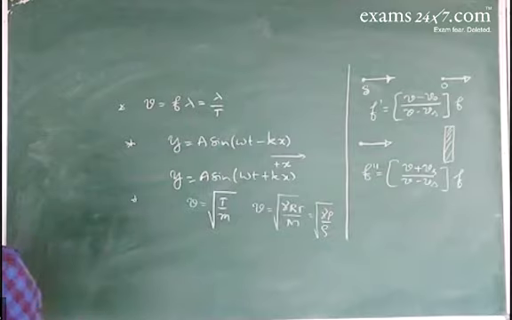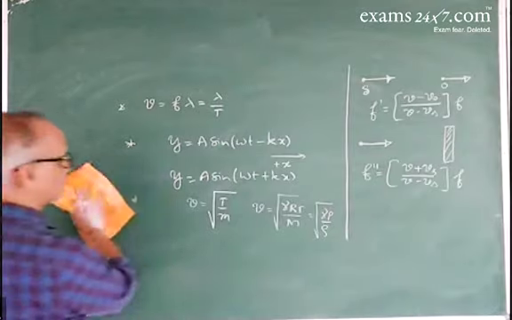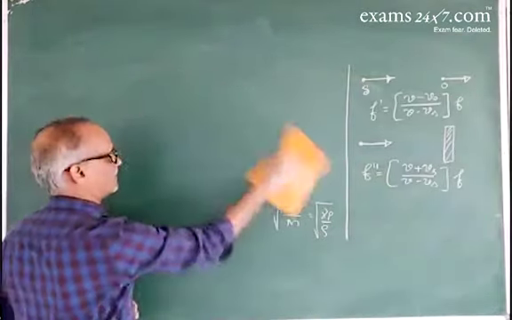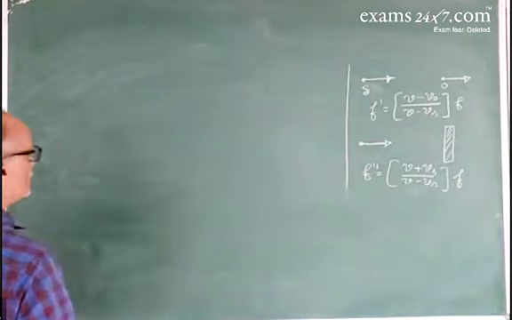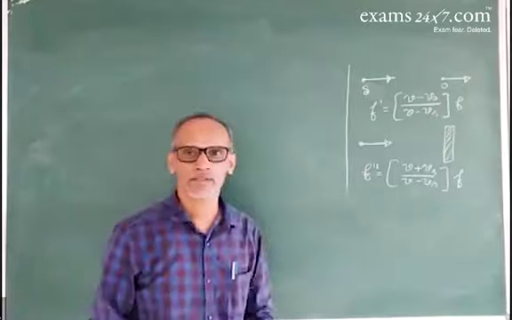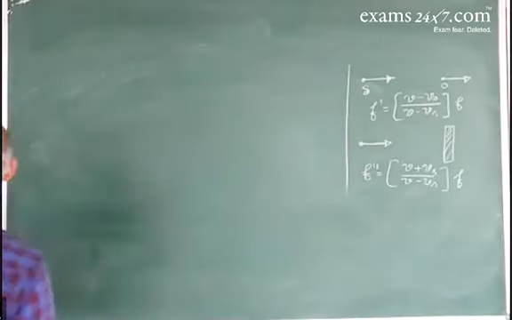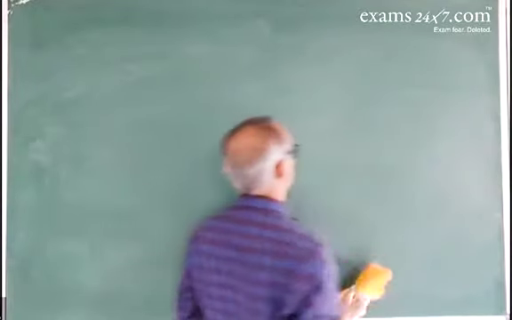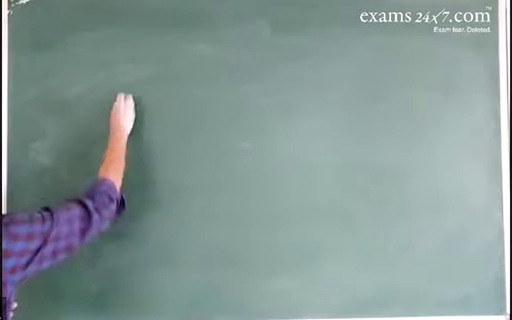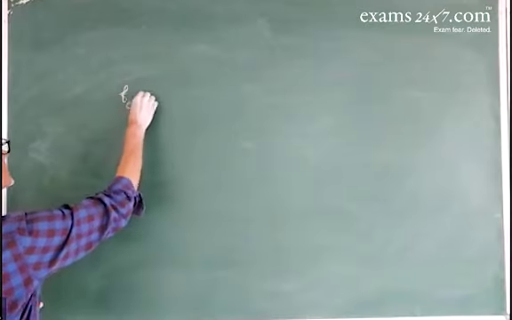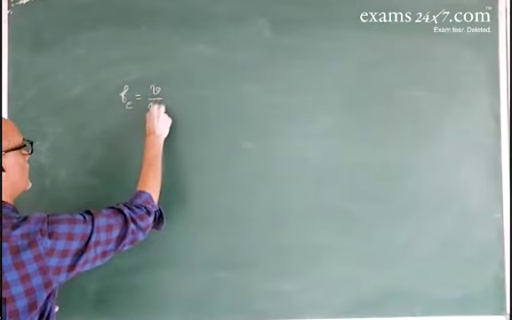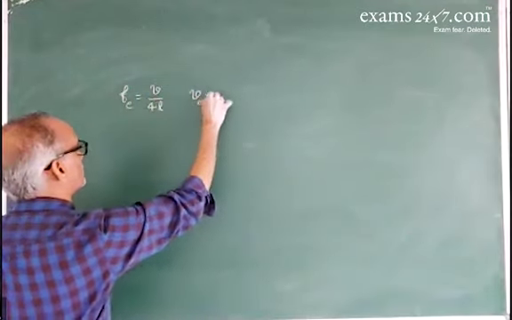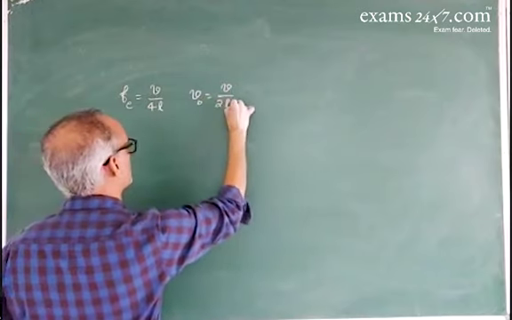Then we have the formation of the stationary wave, in which equations pertaining to the resonance column are important. Fundamental frequency of the closed pipe, which is fc is equal to v by 4l, and that of the open pipe is v by 2l.